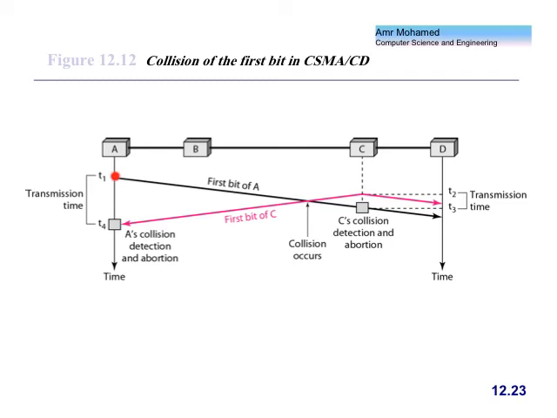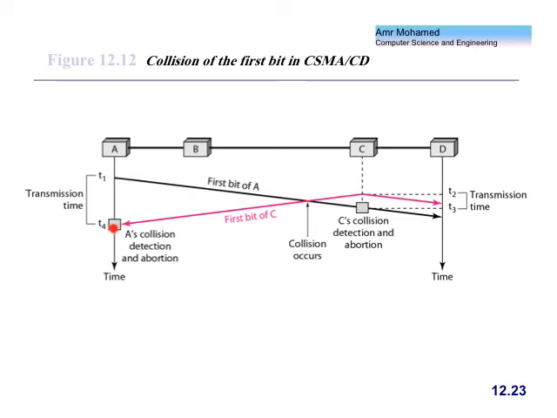When do I finish sending the frame? This graph doesn't show it. I will start here, but when do I finish sending the frame? I did not show you that here. Okay, and when did I detect that the collision happened? At time t4.